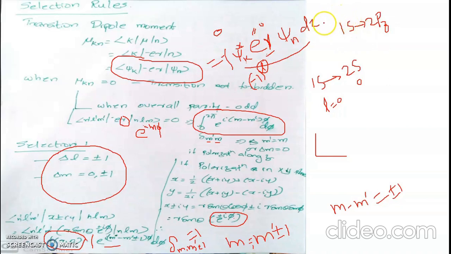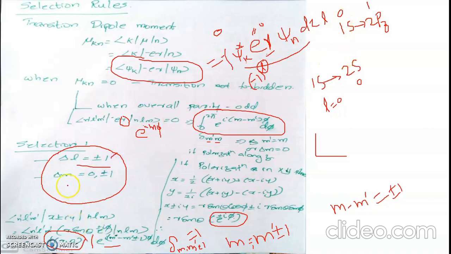The s state has an L value equal to 0. P has an L value equal to plus 1. So as per the first selection rule, the change in L value corresponding to this transition is 1 minus 0, that's equal to 1. So this selection rule is satisfied. So according to this selection rule, this transition is permitted.